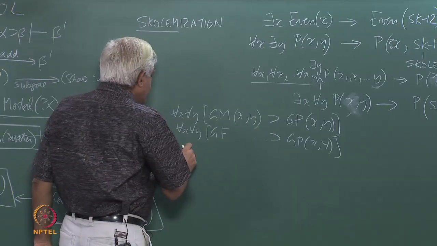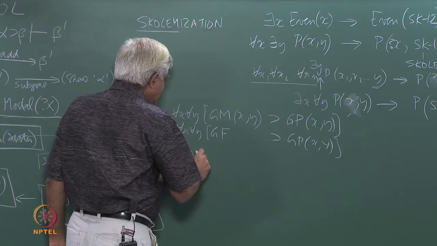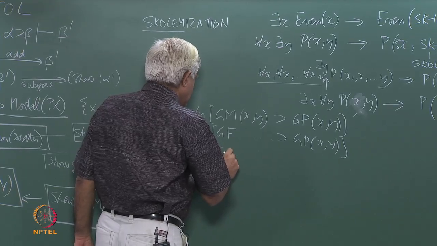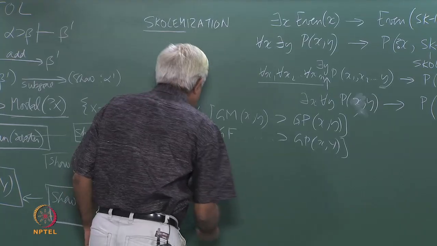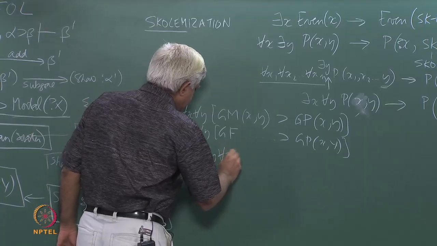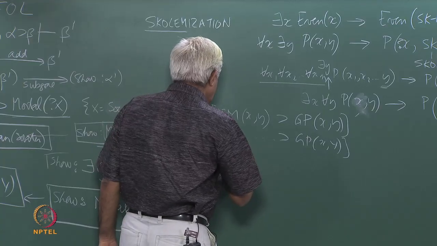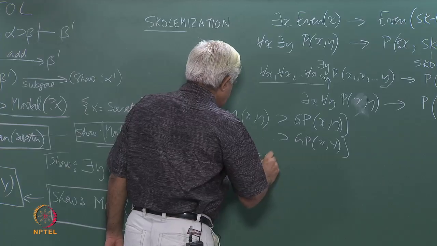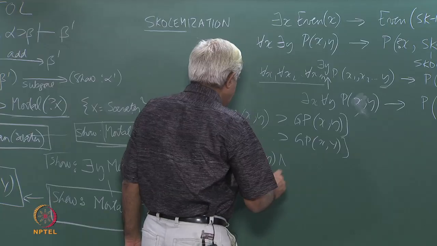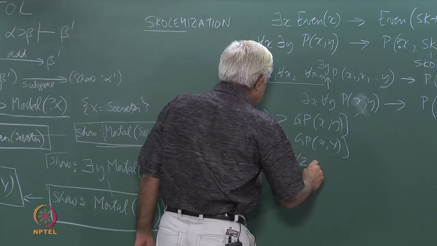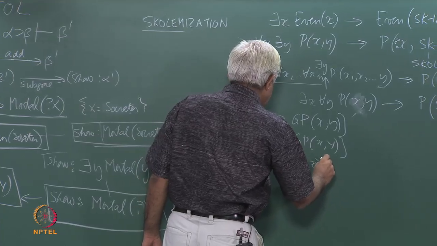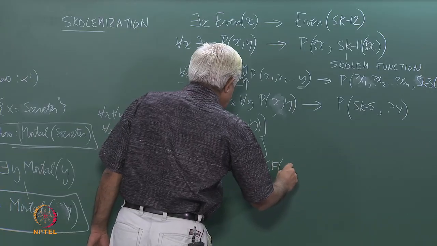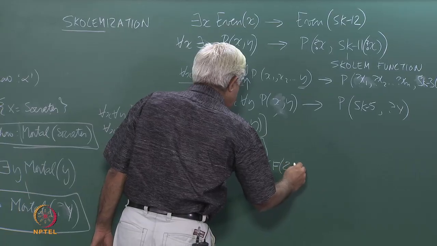Then you could have a rule which says for all x for all y and for all z, mother x y and father z x implies grandfather z y.